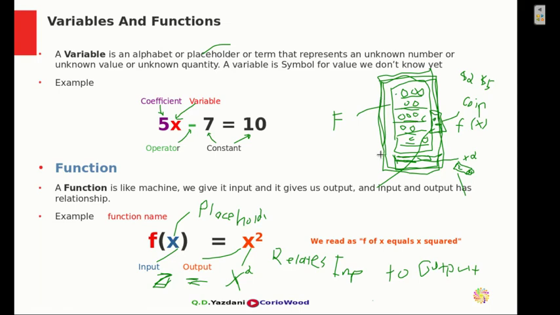Put it in the coin machine, and whatever amount you need to put in, because your coin is a placeholder of unknown value. You might need $2 or $10, whatever, and this function is going to give you output in the form of cans.